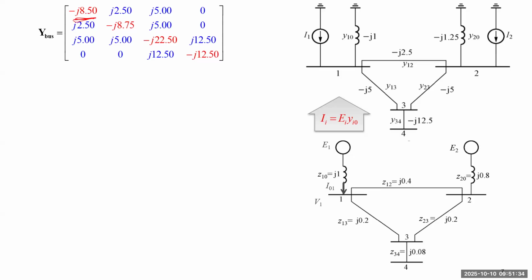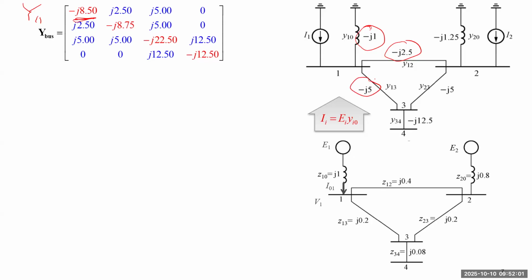So this is capital Y11. Capital Y11 by definition will be the admittance to the ground plus the admittance to bus 2 and to bus 3, then to bus 4, right? So let's say the admittance to the ground will be negative 1j. Then the admittance to bus 2 and the admittance to bus 3.